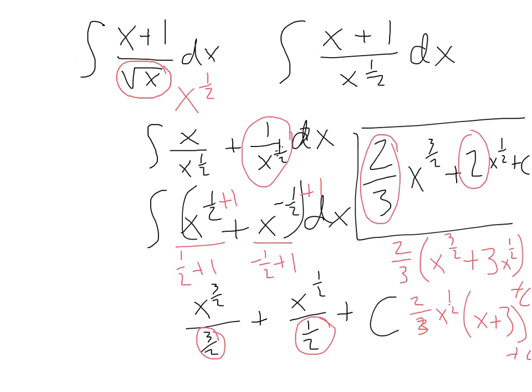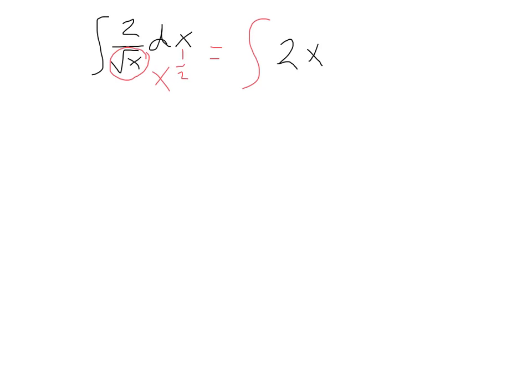Okay, so let's look at another example here. Let's do the integral of 2 over the square root of x dx. Just like before, I'll need to rewrite that as x to the 1/2 power, and we'll also have to send it up to the top. So this should be equal to the integral of 2x to the negative 1/2 power dx.